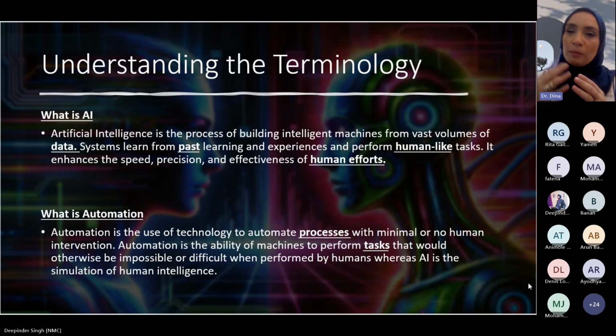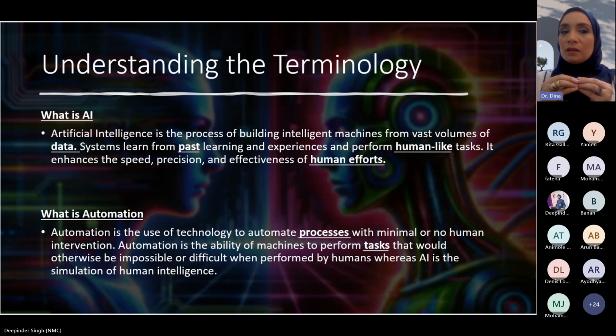I want you to remember a very famous psychological study about identical twins who are separated. Genetically they are the same person, but they are raised in two different environments, and the adult outcome can be that one is a police officer and one is a criminal. So AI is the same.